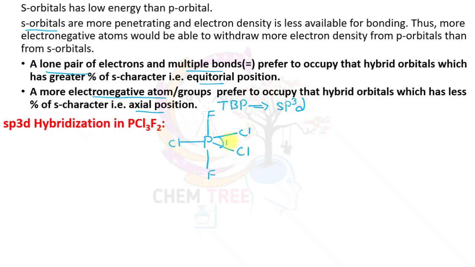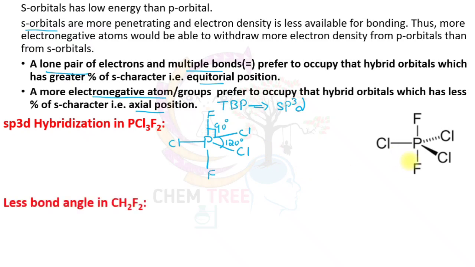The bond angle is here 120 degrees and here 90 degrees. The fluorine is more electronegative than chlorine. Therefore, the p character increases here and the s character decreases.